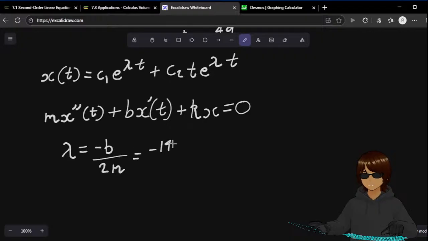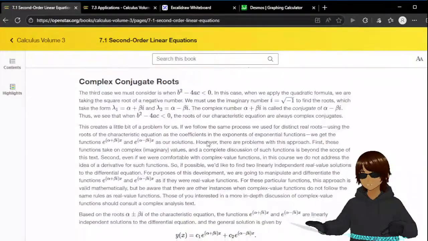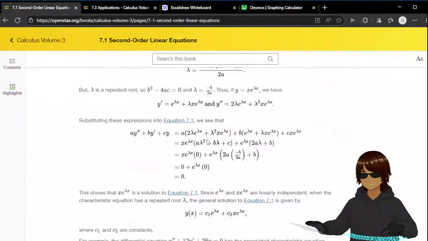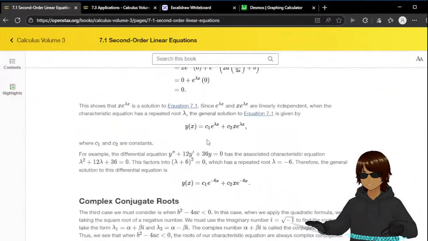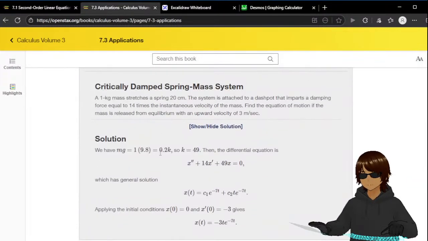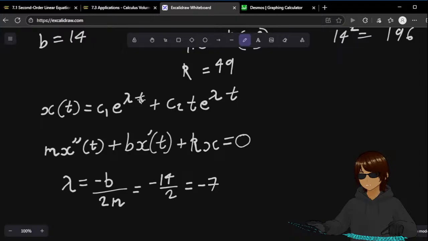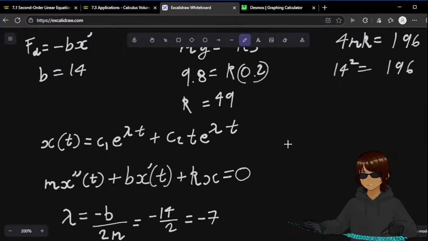Minus 14 divided by mass, which is 1... so we have minus 7. Okay, that's done. What do I do with this information?